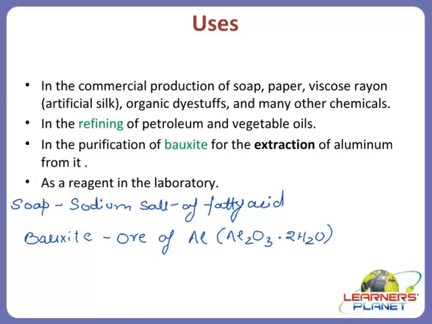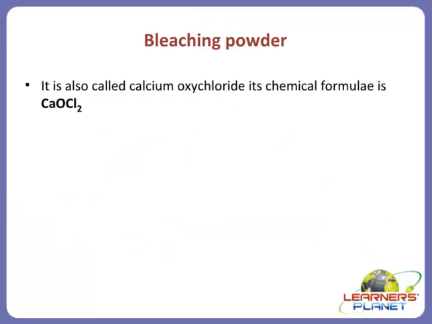Okay, now this bauxite, as it is found in the earth's crust, is composed of a large number of impurities. Those impurities are removed by using sodium hydroxide. Clear? So these are the uses of sodium hydroxide.